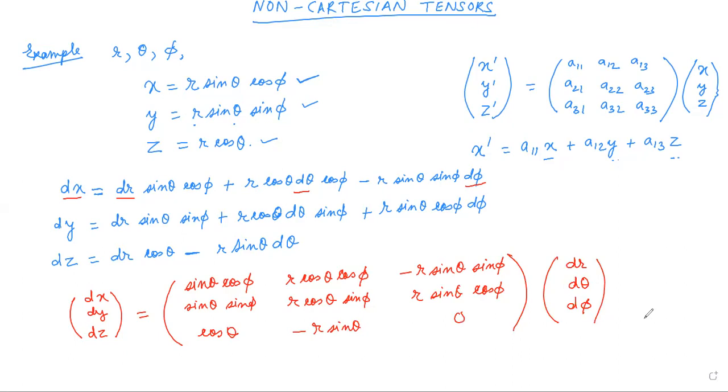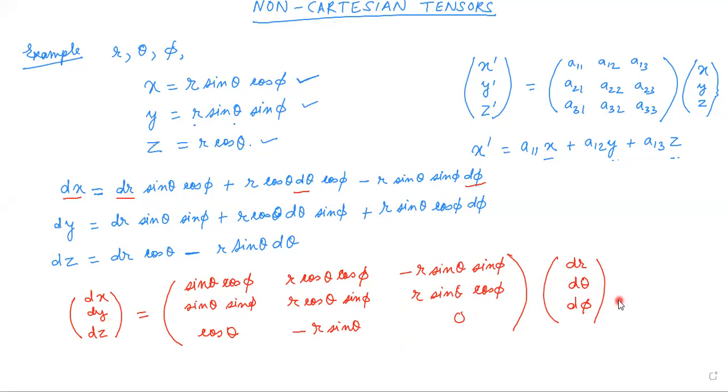So here you see that x, y, z and r, theta, phi, the relation between them is non-linear. But if we consider the differentials of the coordinates, dx, dy, dz, dr, d theta, d phi, then we can still see that the differentials are related by a linear relationship like this.